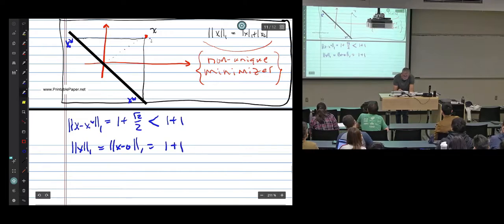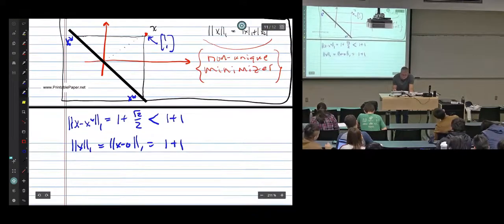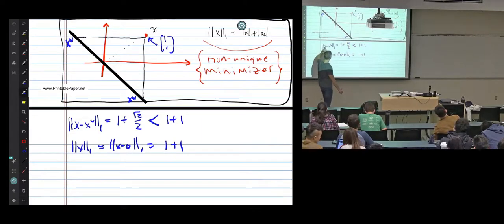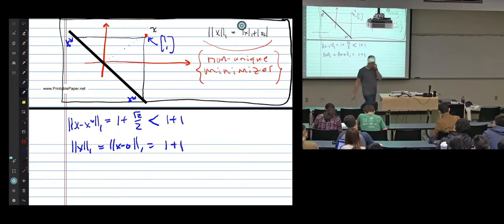So, okay, I'll just take the time to update that. So it doesn't matter which of these X stars you take, this is the answer. And 0 is not a minimizer, it's 2. Okay?